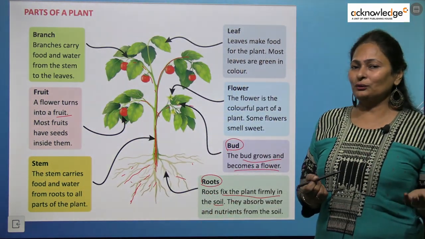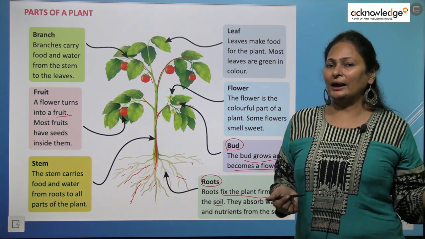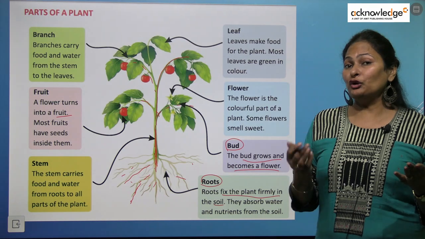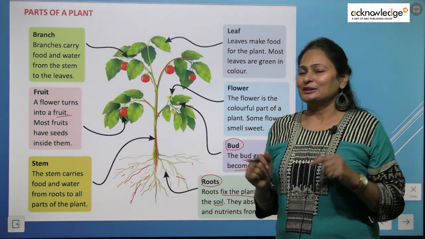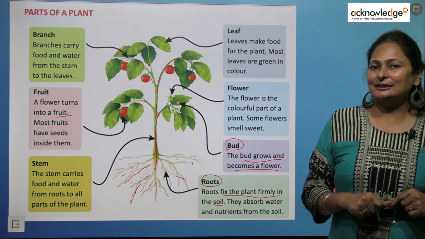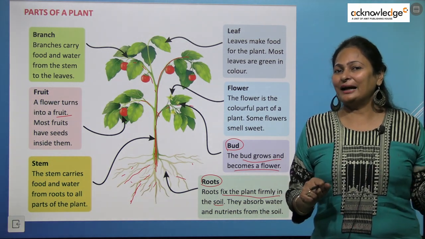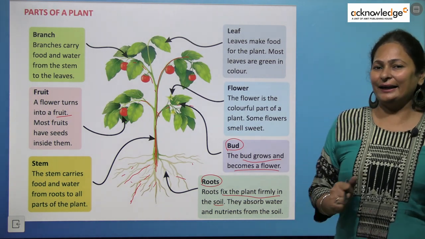And most of the fruits have seeds inside them. Some fruits have one seed, some have a few seeds and some have many seeds. So let me tell you one interesting fact, kids. Strawberry is a fruit that has seeds outside.